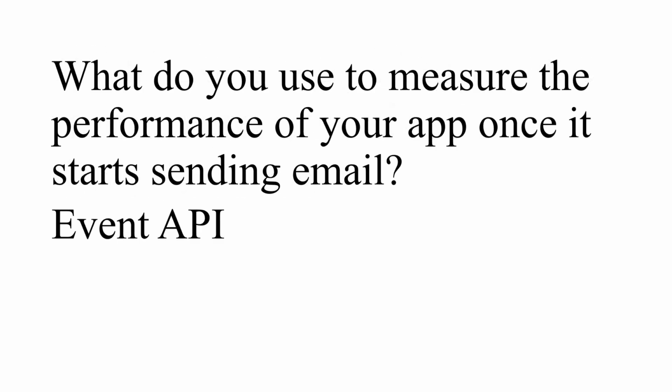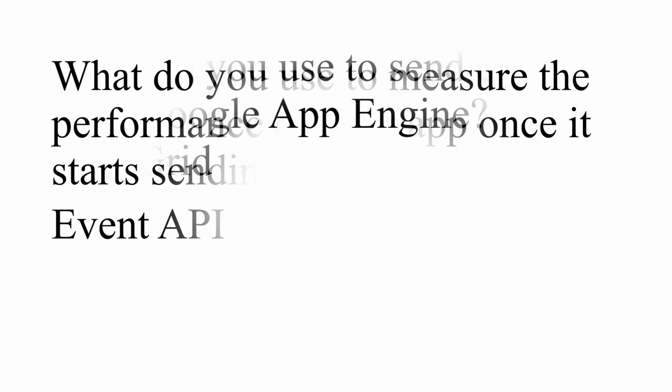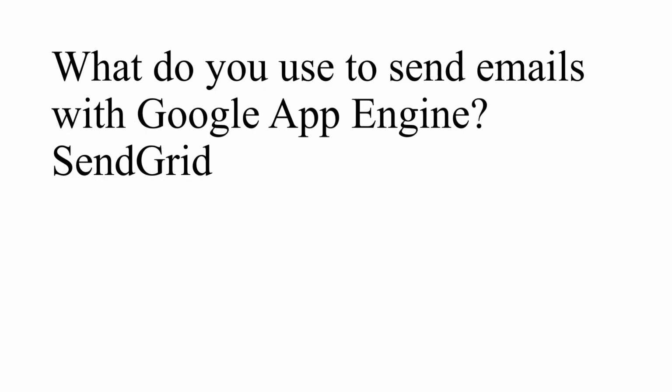What is used to measure the performance of your app once it starts sending email? It's the Event API that helps to measure the performance of the applications when it starts sending email. To send emails with Google App Engine, SendGrid helps to send email.